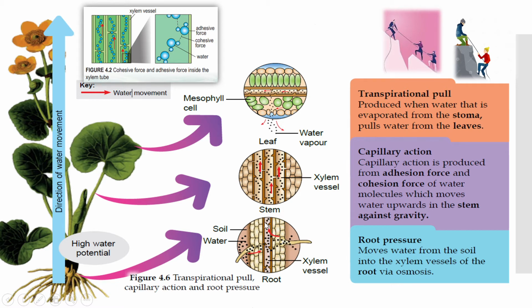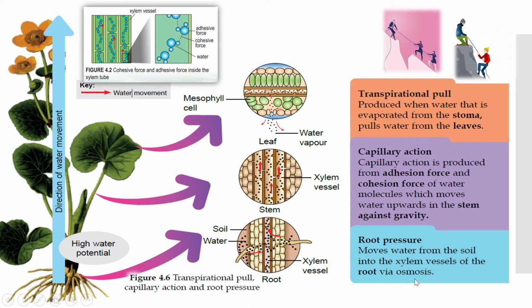The xylem vessels is here. So water has to travel from the surrounding soil water and then into the root hair cells and then into the cortex, endodermis, pericycle, subsequently into the xylem vessels. You see the arrow? So this happens through osmosis.